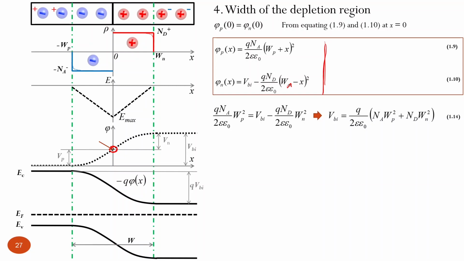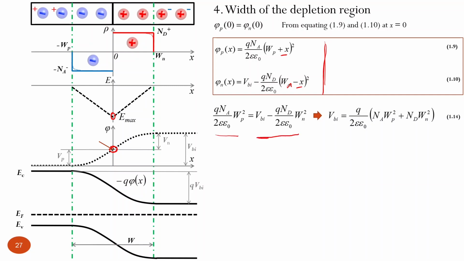Since we have no discontinuity of electric field at the interface, we also don't have any discontinuity of electrostatic potential. So it goes smoothly from N-type to P-type semiconductor. Since that is the case, we can substitute here instead of x the 0 position in order to determine, with both of these equations, the electrostatic potential right at the interface. So that's what is done here.